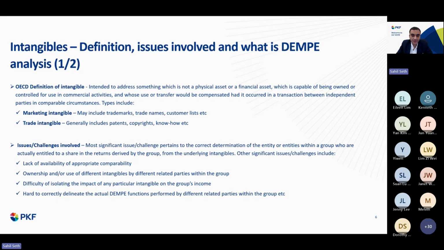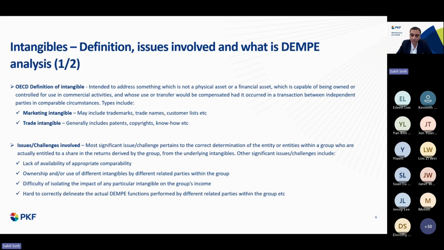So it's very important to determine which entity within a group is entitled to a share in the returns. By share of returns for their intangible assets, we mean either they need to earn an appropriate royalty, or they need to be paid an appropriate royalty, or a trademark fee, a brand fee or a license fee, etc.